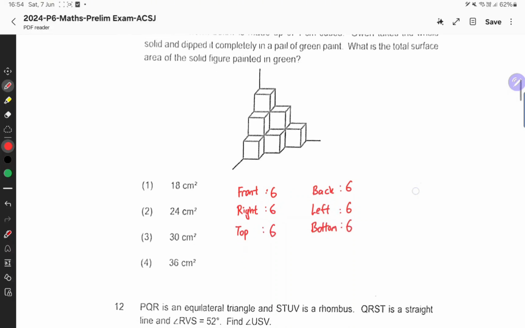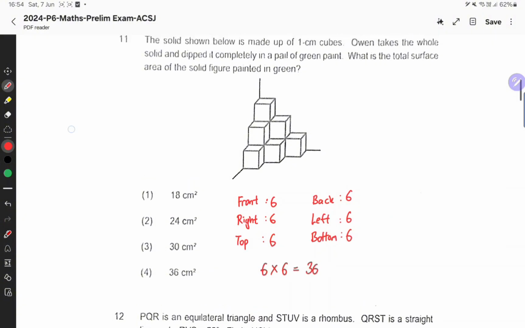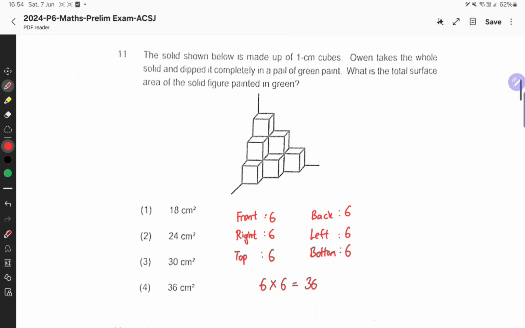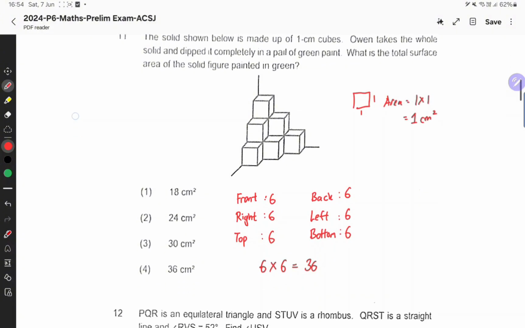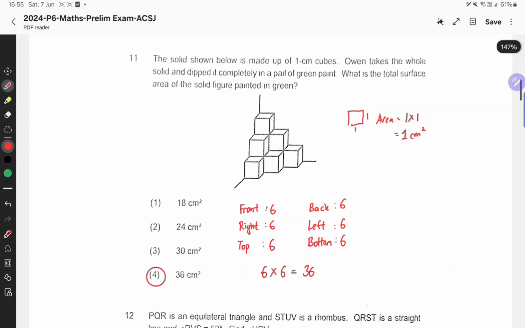So in total, we have 6 times 6, which is 36 areas that we can paint green. Since each cube is a 1 cm cube, one surface area is 1 by 1, which is 1 cm squared. So 1 cm squared times 36 gives me 36 cm squared. Therefore, for question 11, the answer is 4.